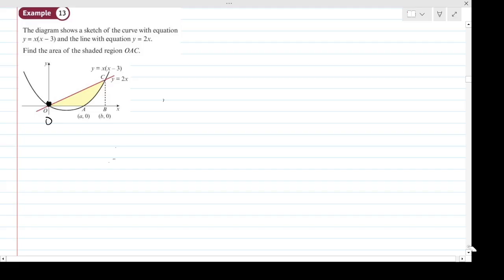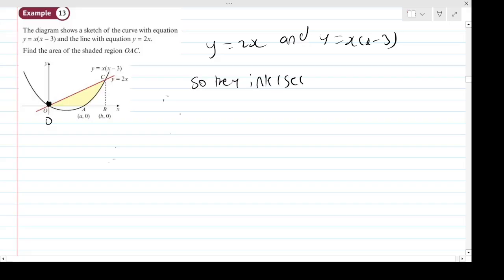So again, we can intersect the curves. So y is equal to 2x, which is the line, and y is equal to x times x minus 3, which is the curve. We equate them to get this intersection point C. If the y values are the same, we get 2x is equal to x times x minus 3.